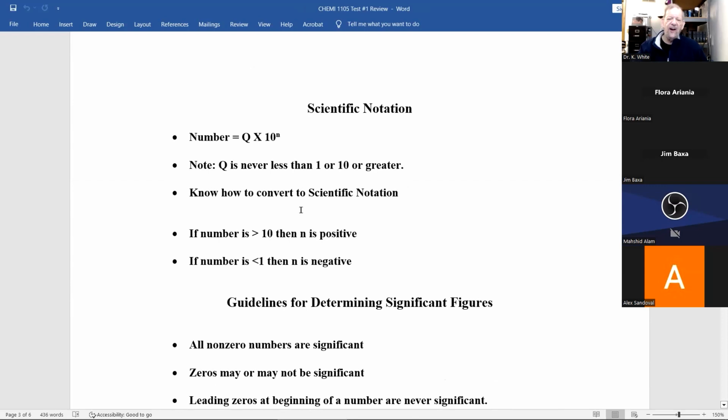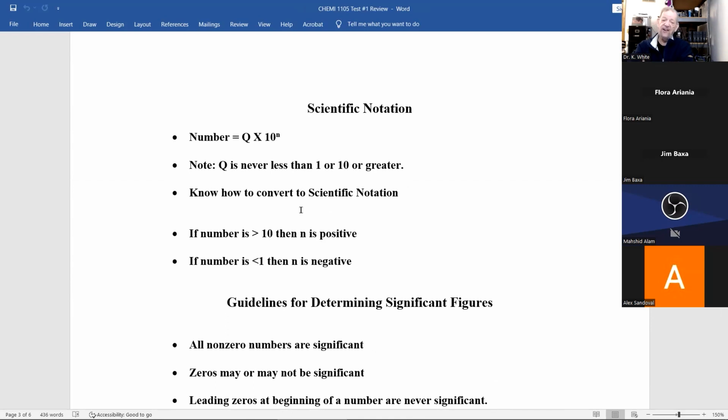Now, next thing I talked about is scientific notation. Scientific notation is where you take a very large number or a very tiny small number, and it's some number Q times 10 to the power n. Remember, Q is never less than 1 or 10 or greater.